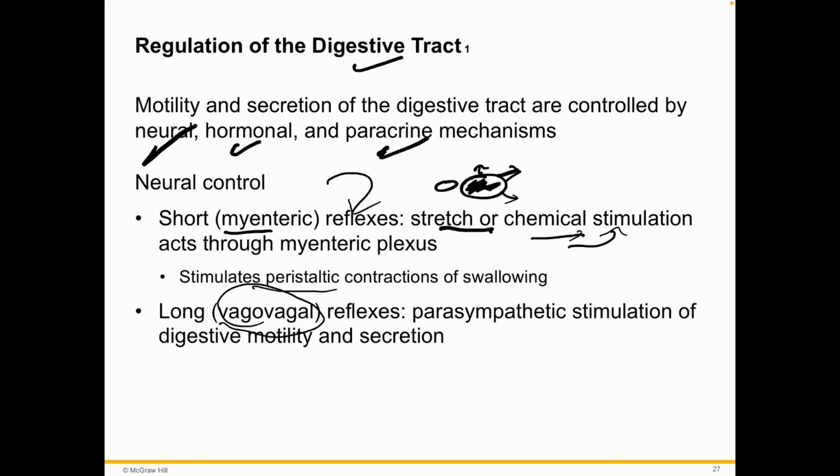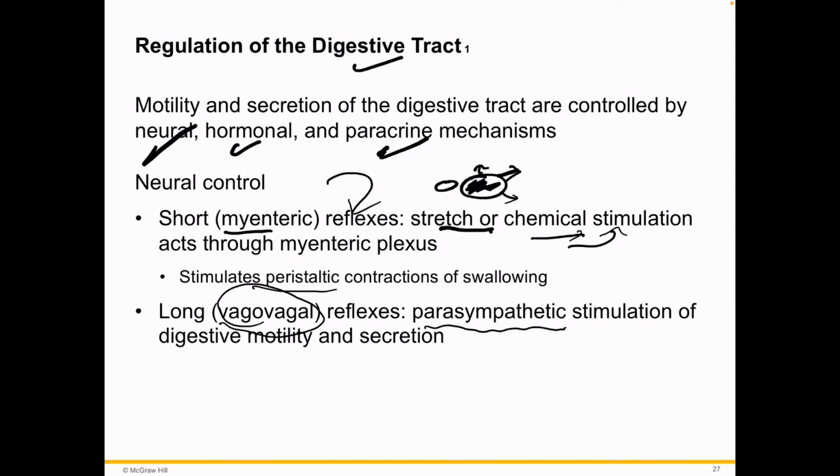So the vasovagal, we're referring specifically to a neural component coming off of the cranial nerves. This is a parasympathetic stimulation, and these are longer reflexes. They're long also because they're long range, right?